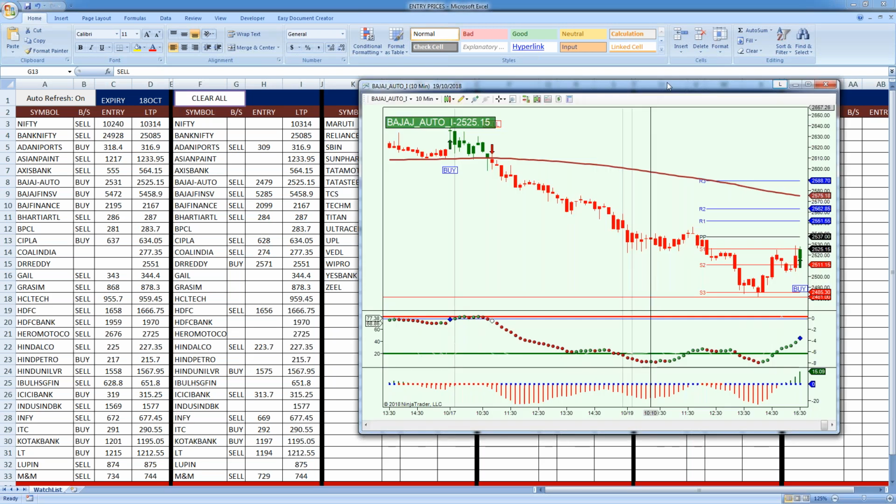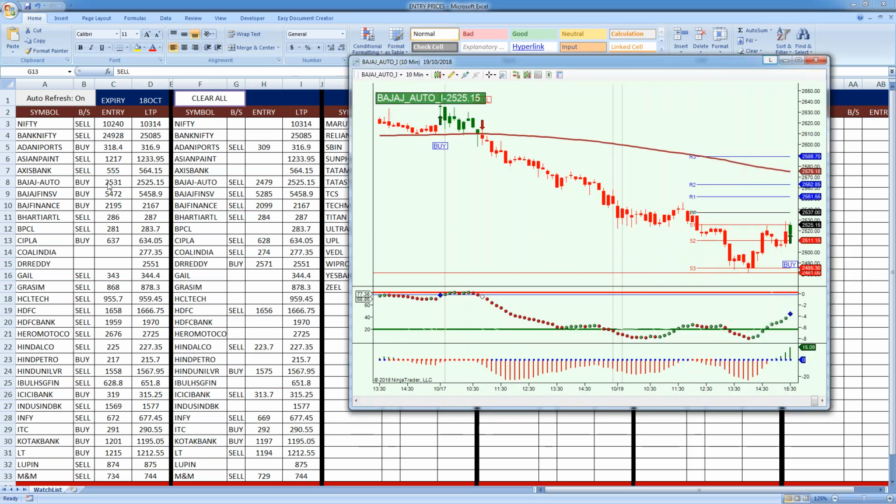So I have entered a price of 2,531. That is my entry point for Bajaj. Once it reaches 2,531, it will turn into green.